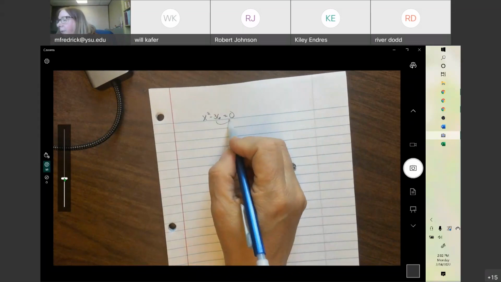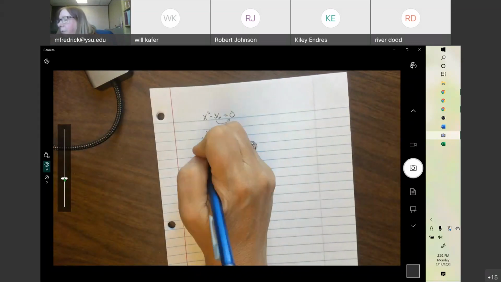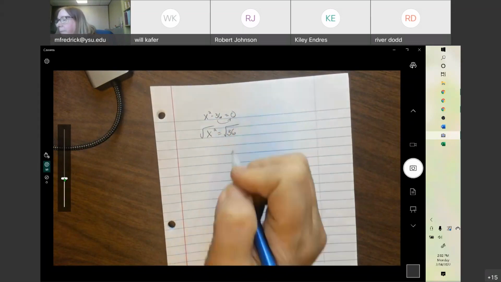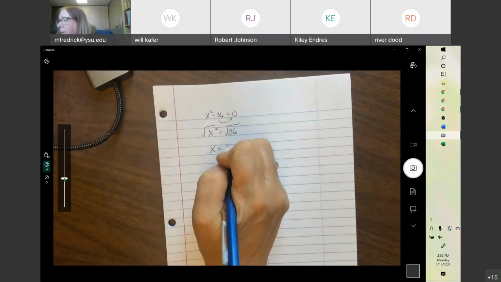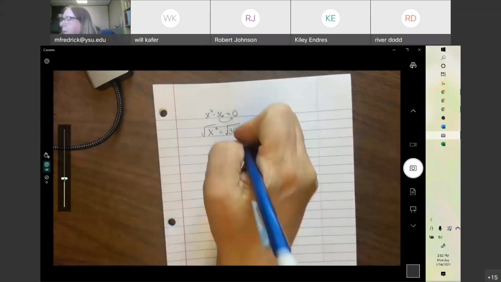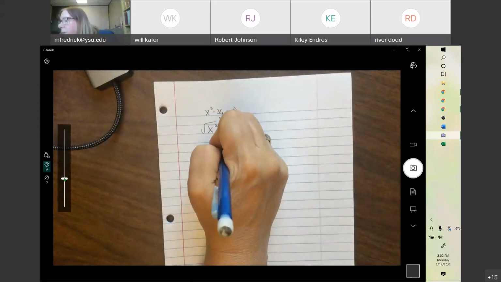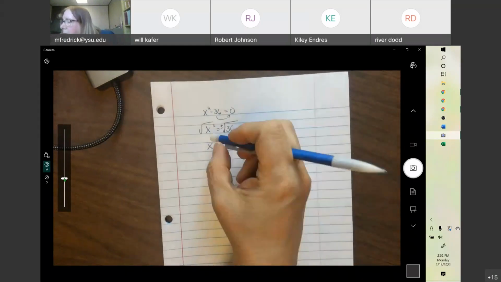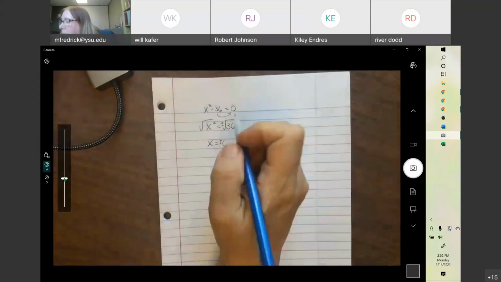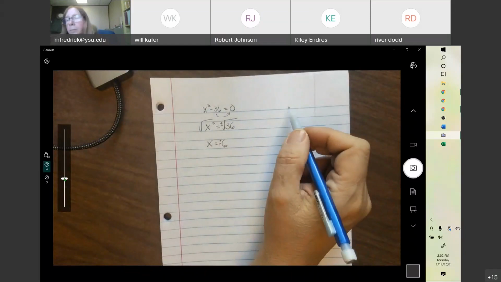So you add the 36 to the other side, and then you take the square root of both sides. But the problem with that is you have to remember when you take the square root of both sides, it leaves a positive and a negative answer. So it was positive and negative 6 because both of those squared give you a positive 36.